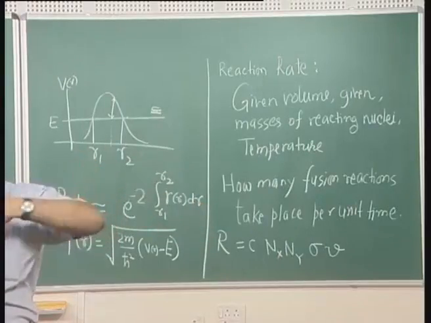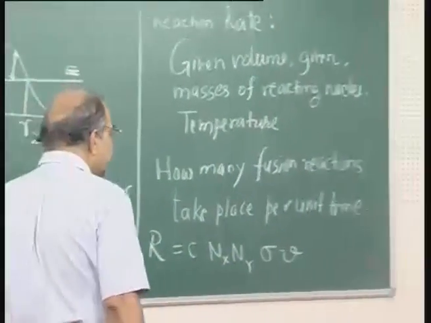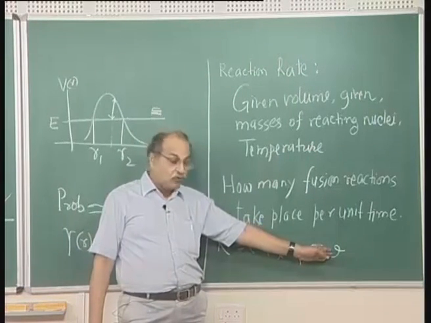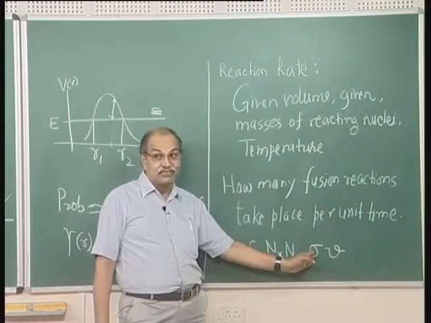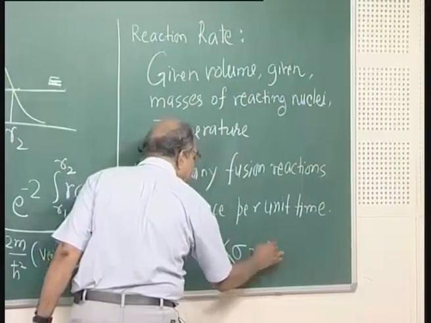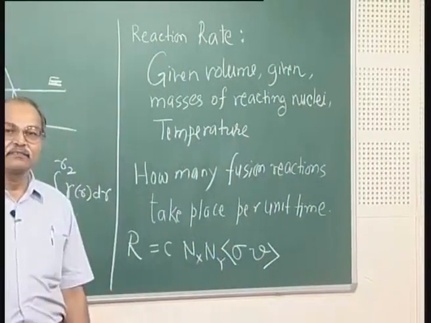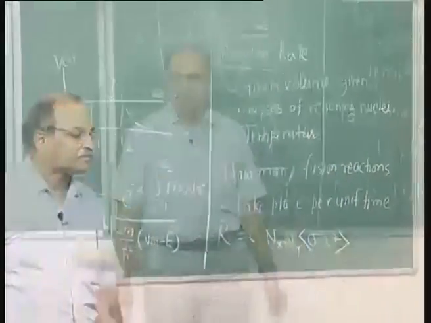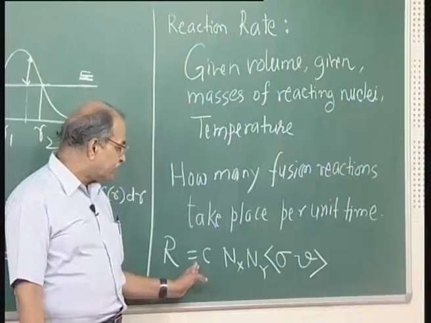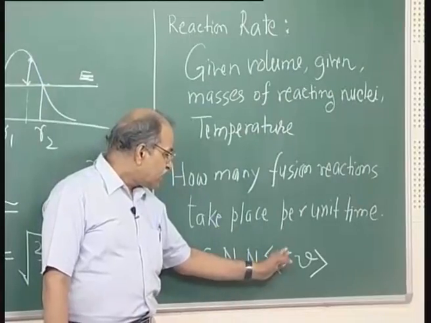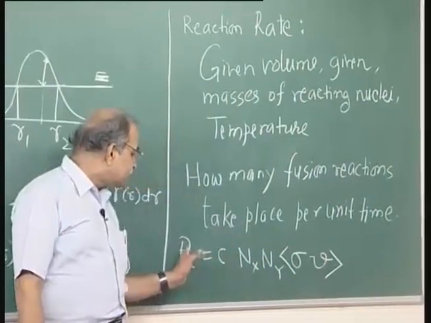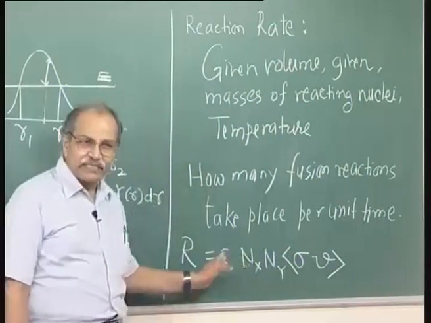Since it is all distributed, it has to be an average, but not an average of this velocity alone, because the velocity also comes into this sigma. This sigma also depends on velocity, that also I will justify. So, it is the average of this quantity that comes in for reaction rate. I will justify or talk more about this expression in the next lecture, how this sigma depends on V and how this is calculated. All these things about the reaction rate we will discuss in the next lecture.